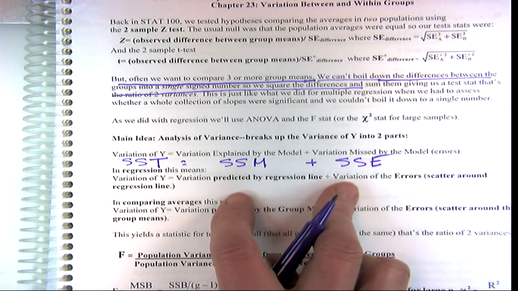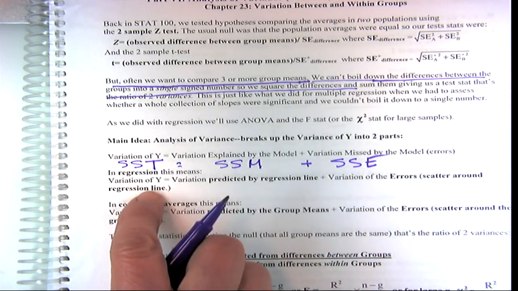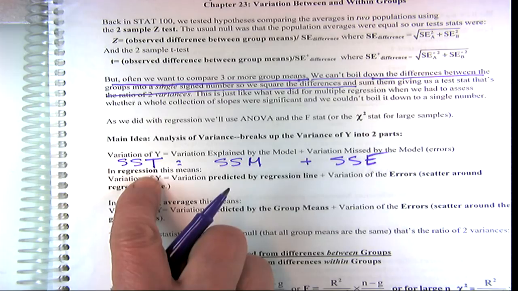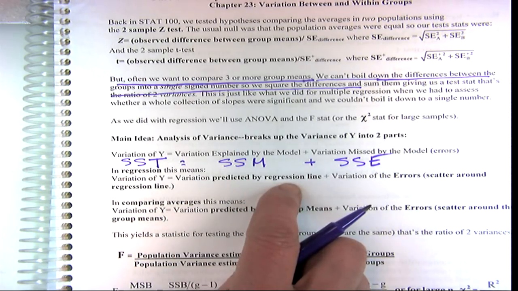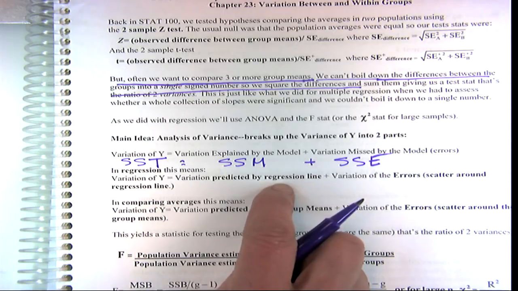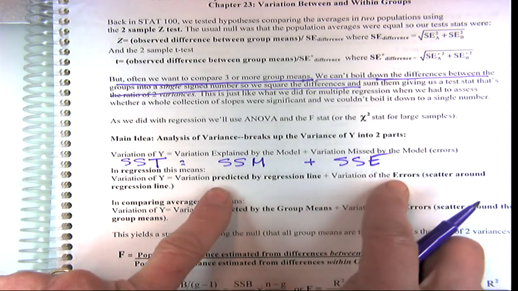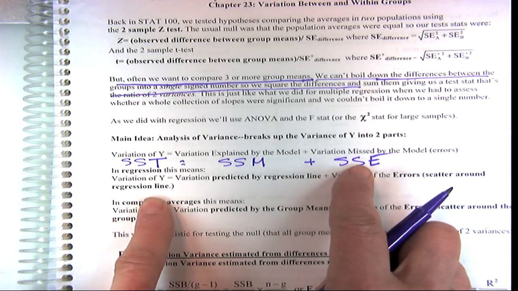That's what we've been doing. And in regression, we predicted some y variable, let's say final exam scores, based on a regression line. We had quantitative x's, like exam scores and homeworks. So we had a regression line, and that was our model. And then the spread around the regression line was our error.